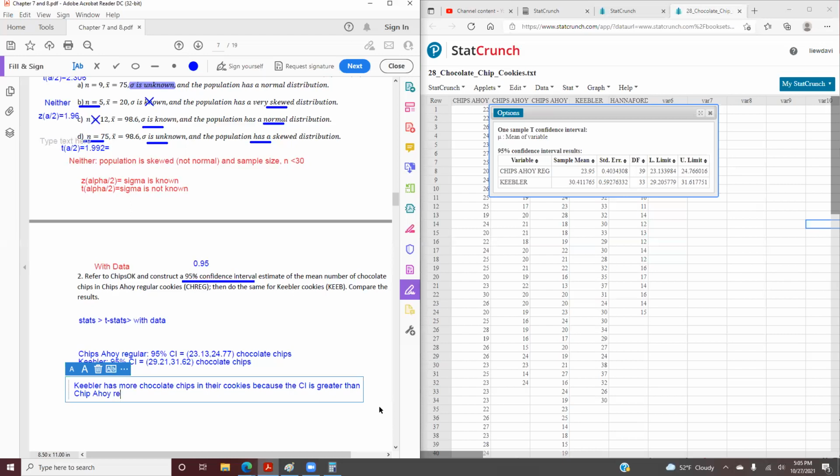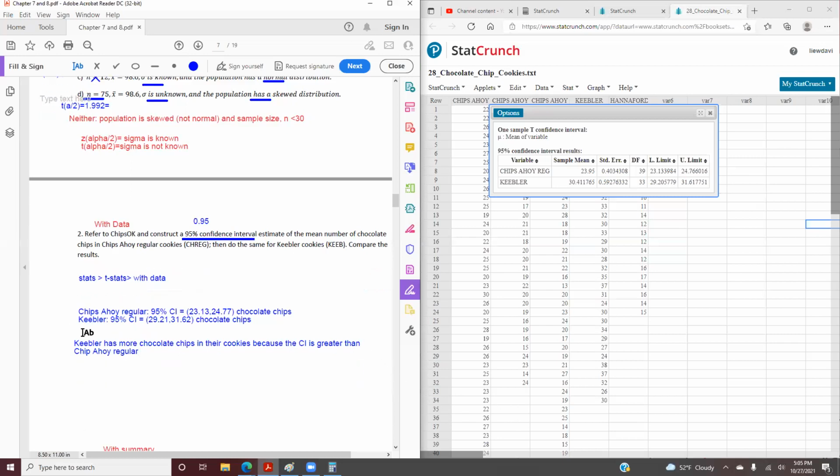So if you are a fan of chocolate chips in your cookies, if you like a lot of chocolate chips inside there, then you go for the Keebler company. Questions? Anyone?